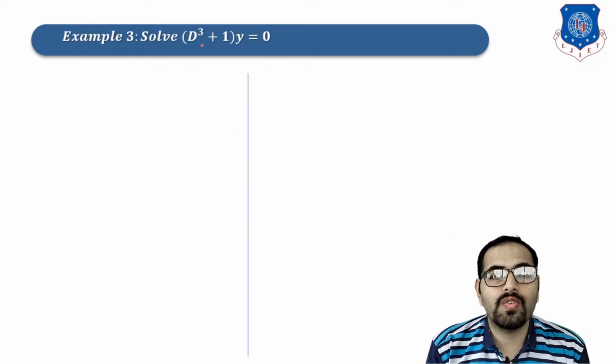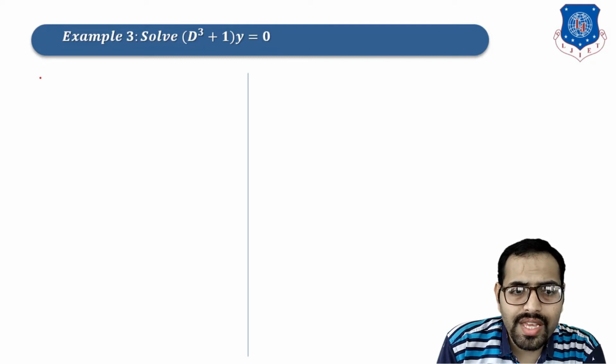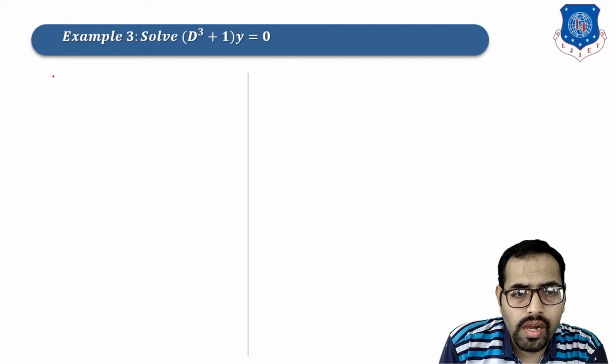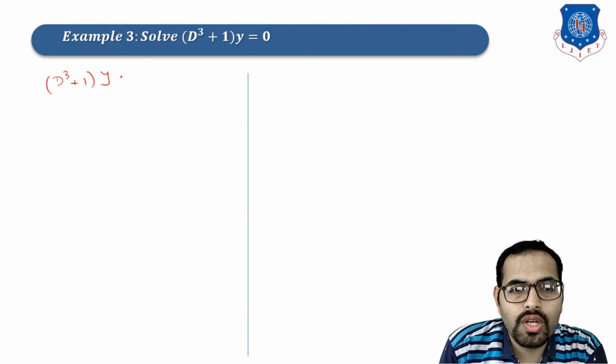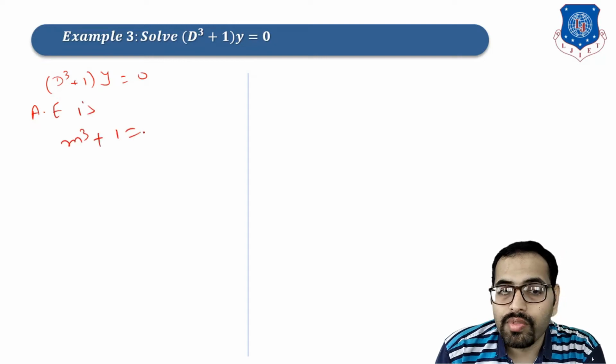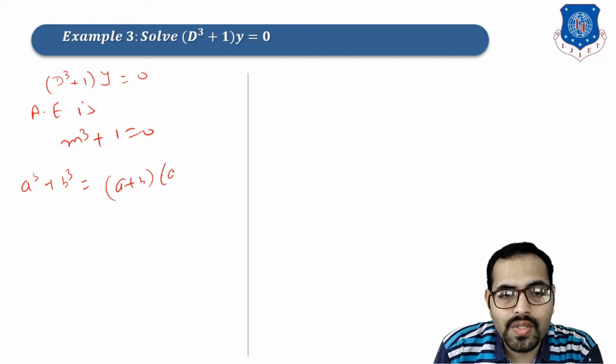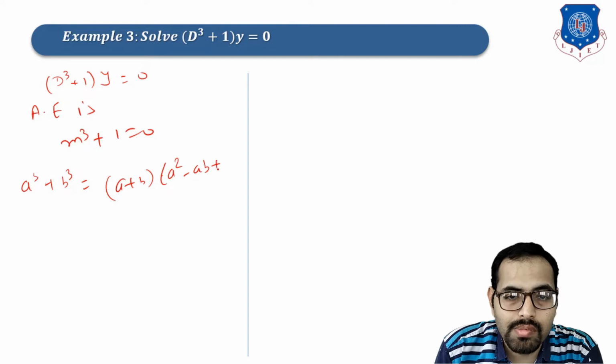(D cube plus 1) y equal to 0. Then our auxiliary equation is m cube plus 1 equal to 0. Now factorize that term. We have the formula a cube plus b cube equals (a plus b)(a square minus ab plus b square).